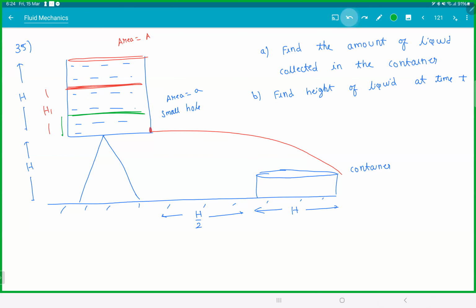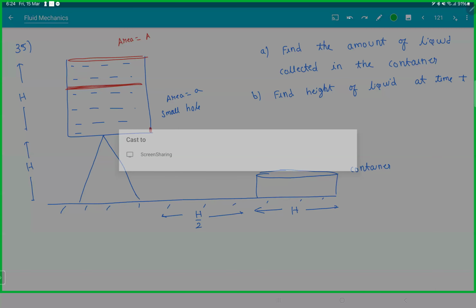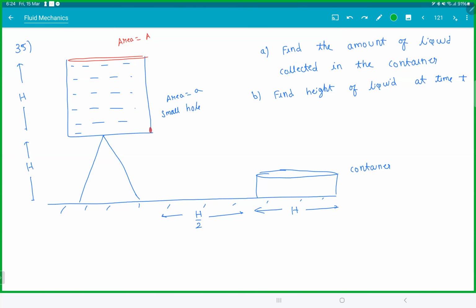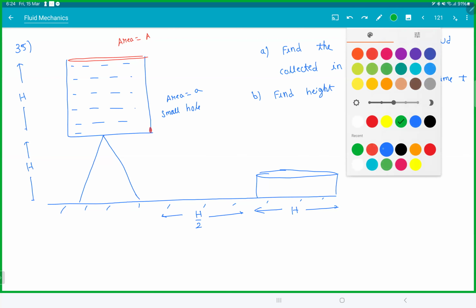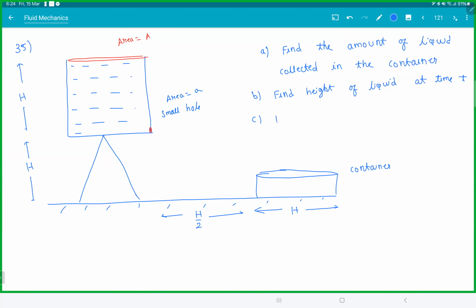So find H1 and H2 when the water hits the right edge of the container and the left edge of the container. Once you know both the heights, question is over. And for the second part, I know it is difficult to type. Do the C part. So B and C are related.